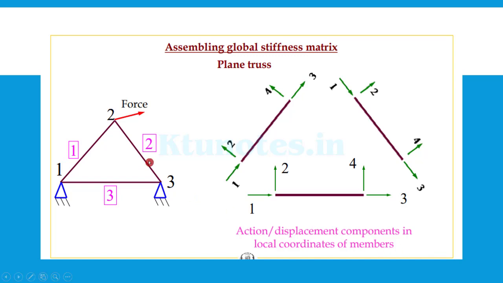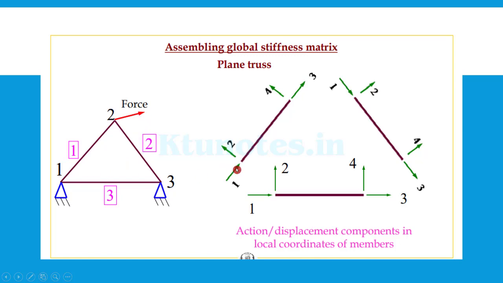We will see a problem: assembling the global stiffness matrix for a plane truss. Previously we dealt only with member 1, 2. We found the element coordinates and the r matrix for that one, and we found it at the global level. This will be the real case where there will be element 1, element 2, element 3, the minimum number for making a truss with similar support conditions, and a force is applied here.